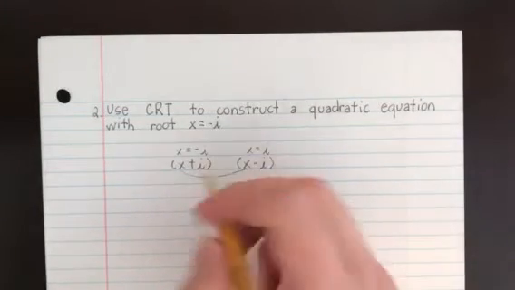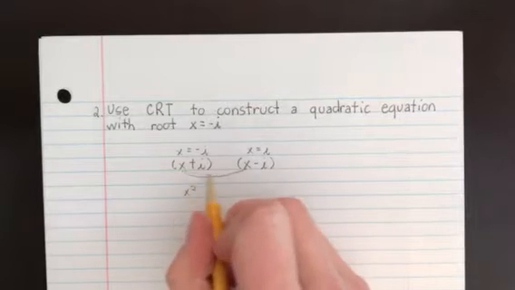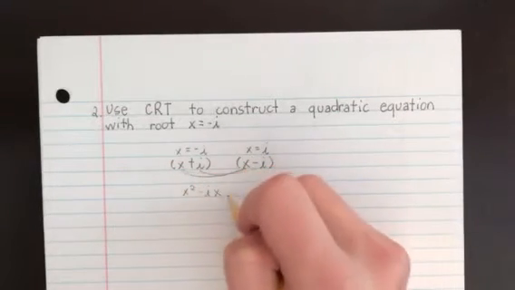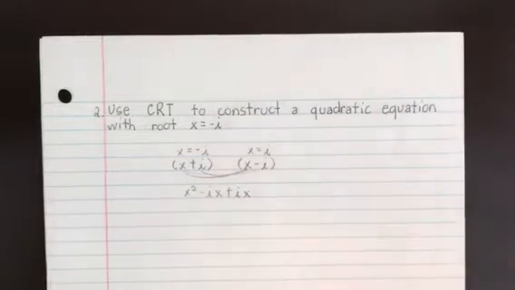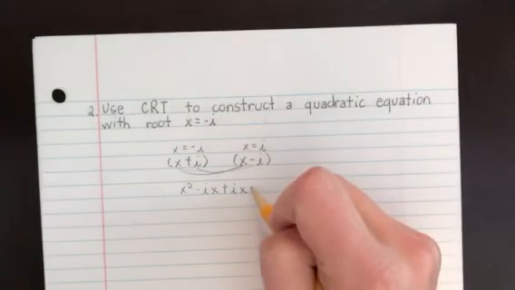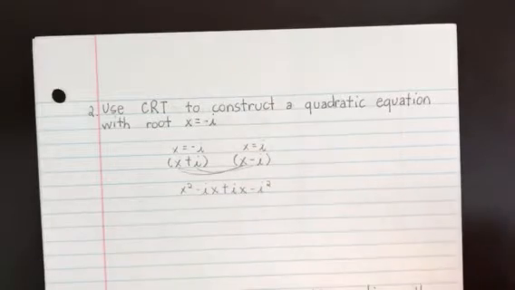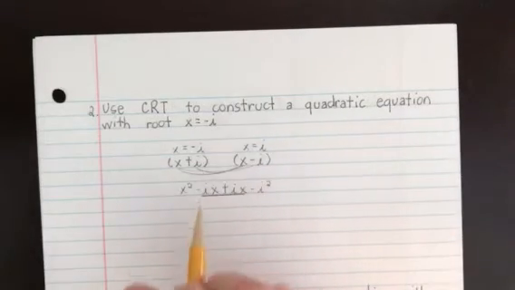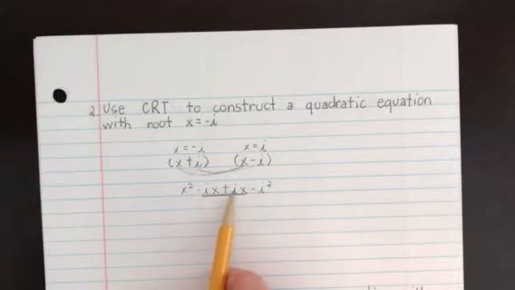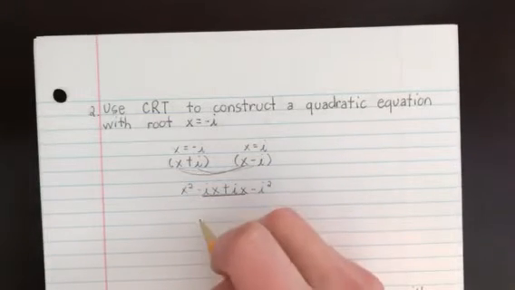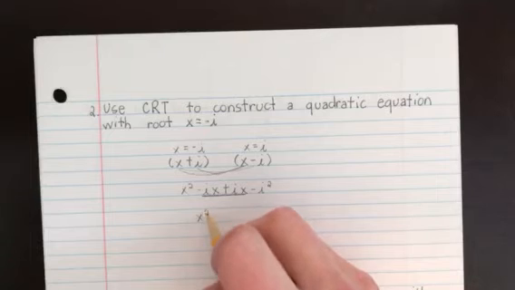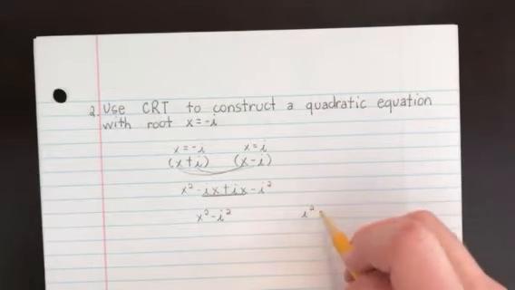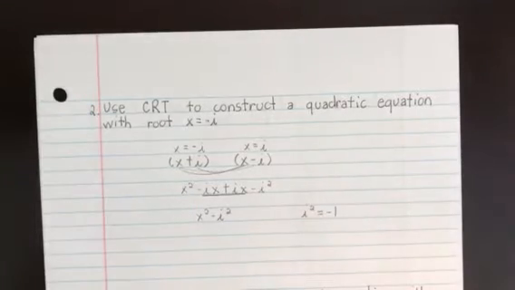So x times x is x squared, x times -i is -ix, i times x is positive ix, i times -i is -i squared. You have these two middle terms that you can combine, and look at that. One's positive, one's negative. They're just going to cancel out completely. So you would have x squared minus i squared, but hopefully from long ago you remember i squared equals -1.